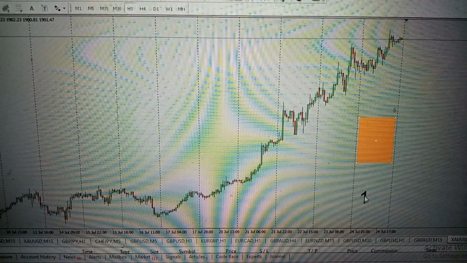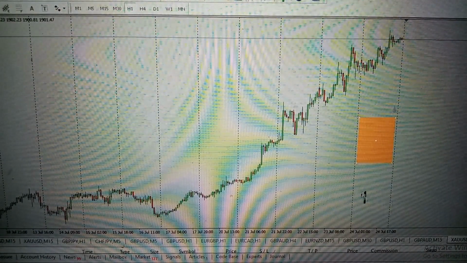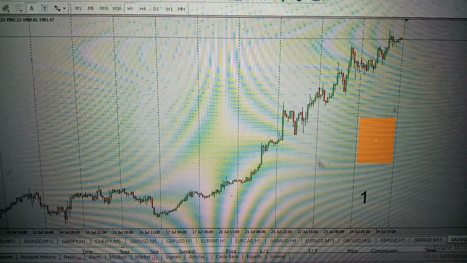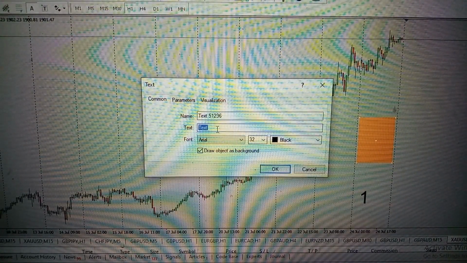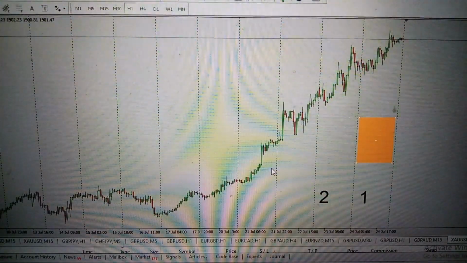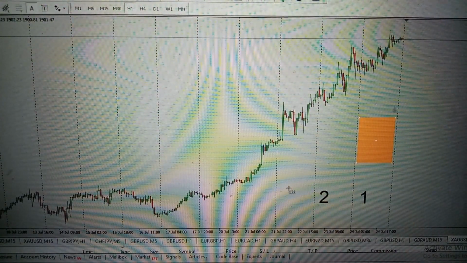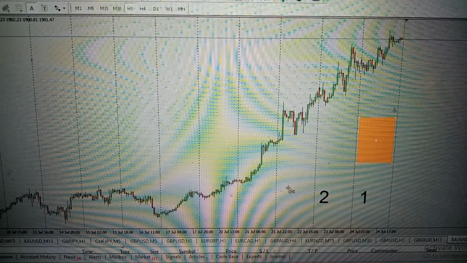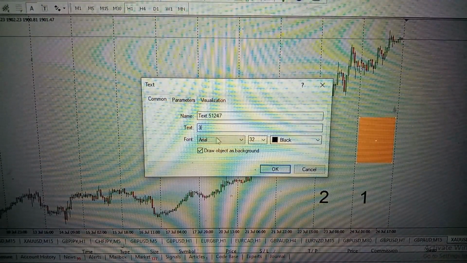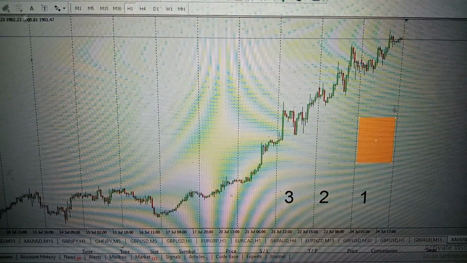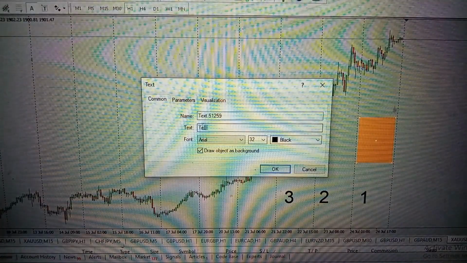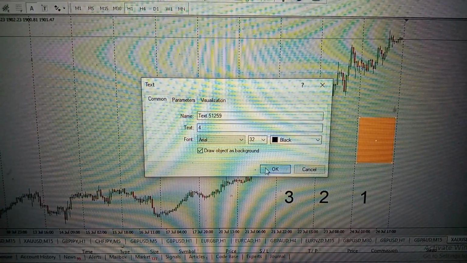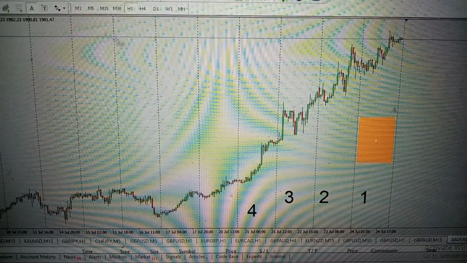So this is the previous day 1. The next day, I'm going to call it 2, and next one 3. This is my third previous day. 4th previous day. So the idea is to number all the days up to the last 10 days.